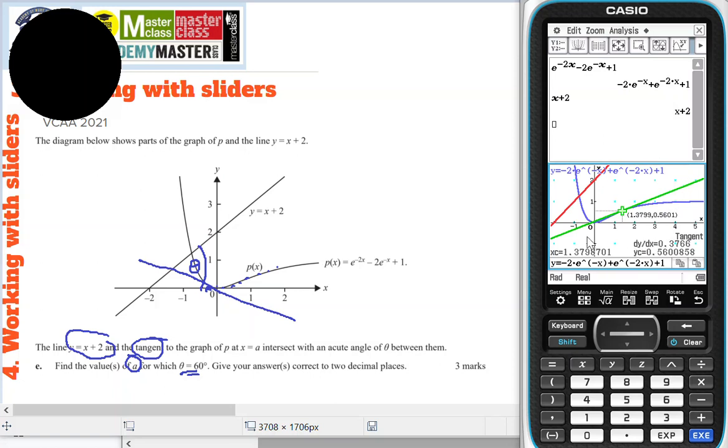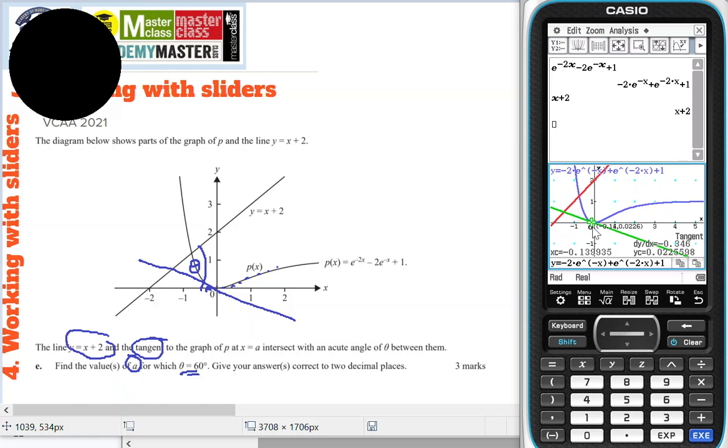So I can sort of see that where my red and my green are going to intersect off the screen slightly will be smaller than 60 degrees. As I move further, the angle is getting smaller and smaller. As I swing around, it seems that the angle is getting bigger and bigger.